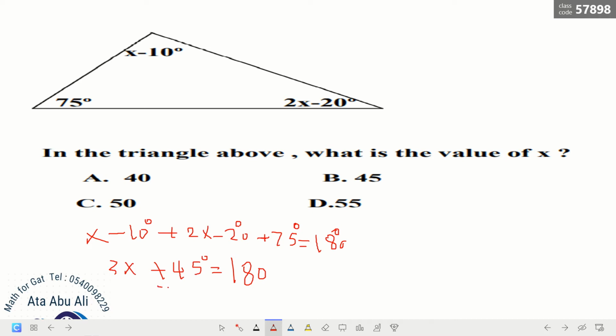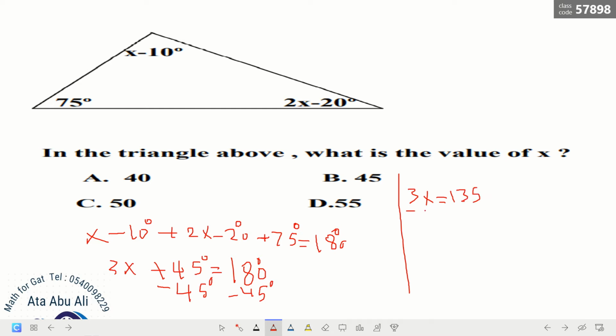Now I subtract 45 from both sides. Now here I have 3x is equal to 180 minus 45, which is 135.